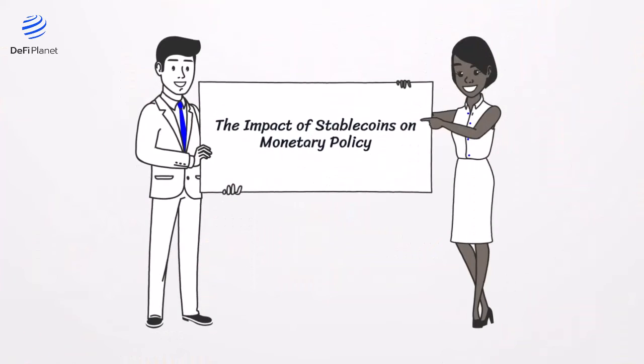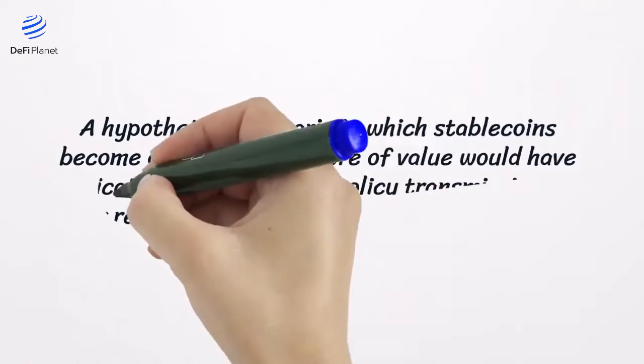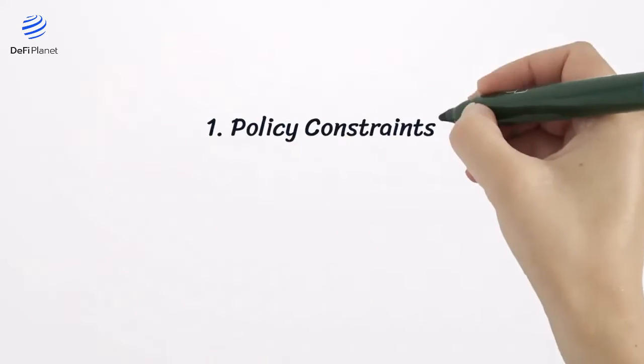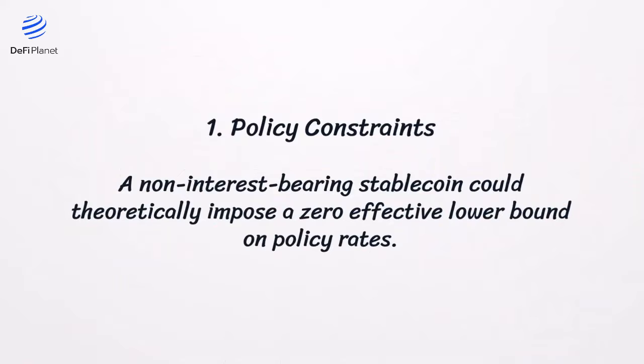The impact of stablecoins on monetary policy. A hypothetical scenario in which stablecoins become an alternative store of value would have implications for monetary policy transmission and other related concerns. Let's take a closer look at some of these consequences. Number 1. Policy constraints.